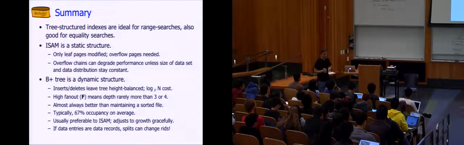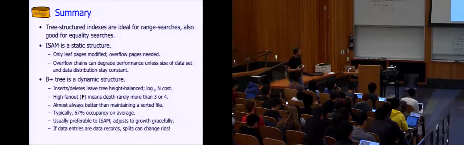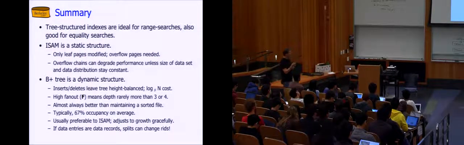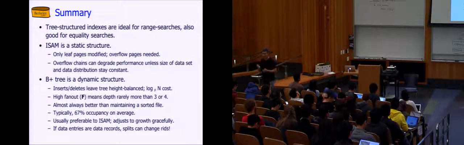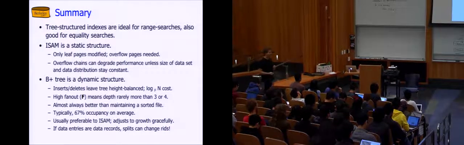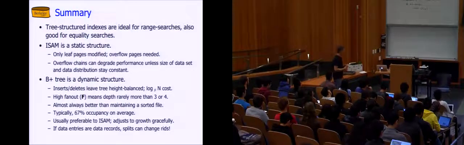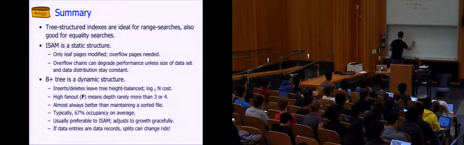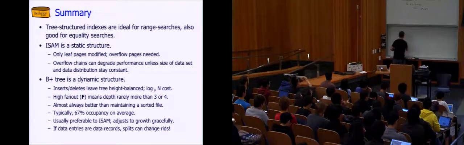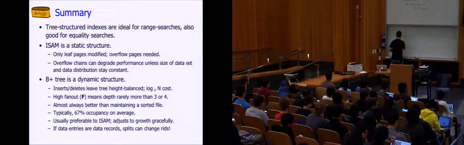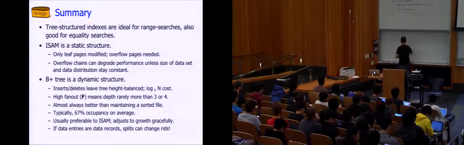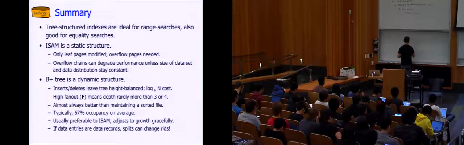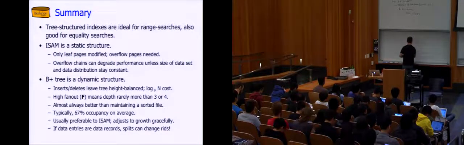ISAM is strictly of historical and pedagogical interest. It's a static structure. The only things that change are the leaf-level pages, which have insertions and deletions, and overflow pages. Remember the organization of the ISAM file, where the data is stored sequentially at the beginning of the file. Here's a whole bunch of data rows, which are ordered, and then you start storing the internal nodes, or the index entries.